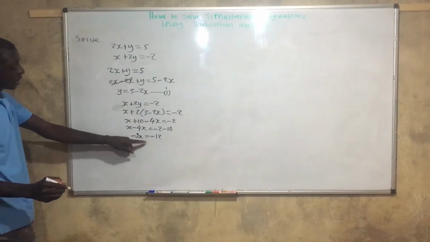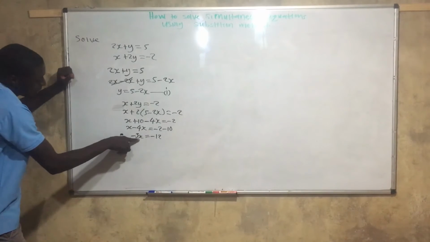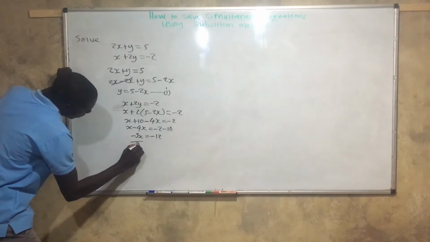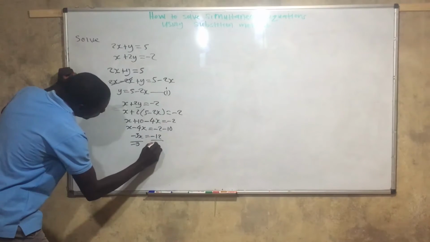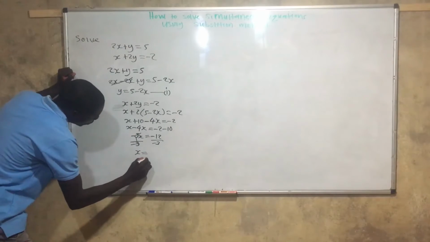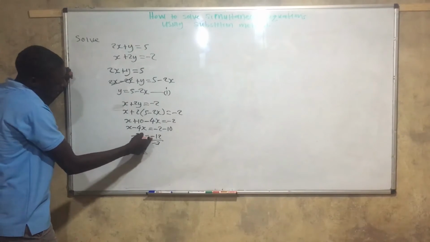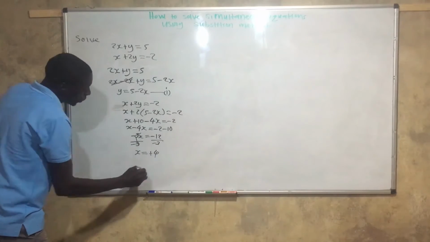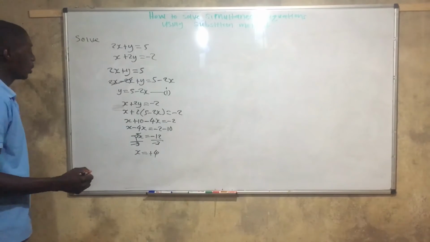Then we divide both sides by negative 3 to remain with x. Negative divided by negative is a positive. So 3 into 12 is 4. It means we have solved for x: x is equal to 4.